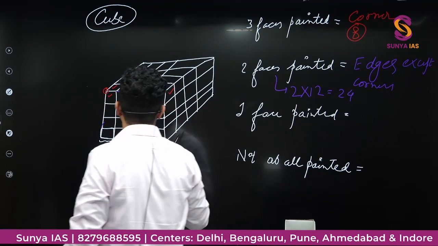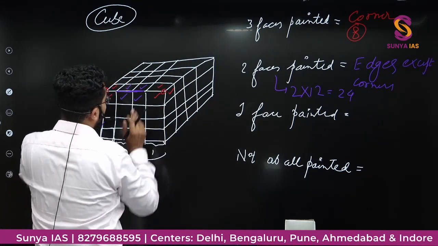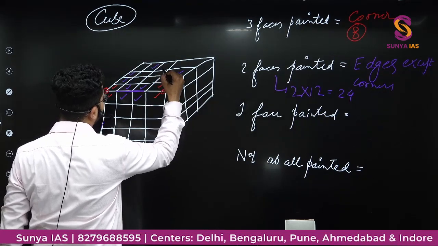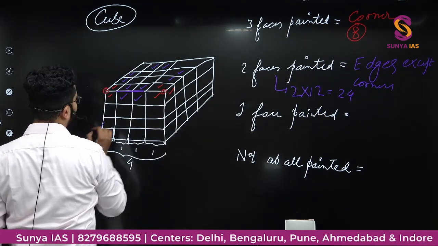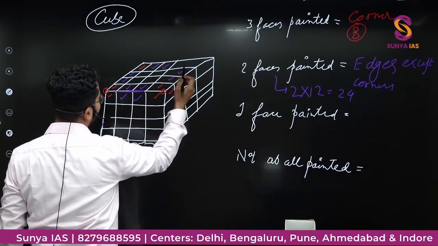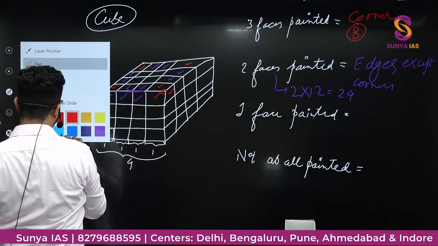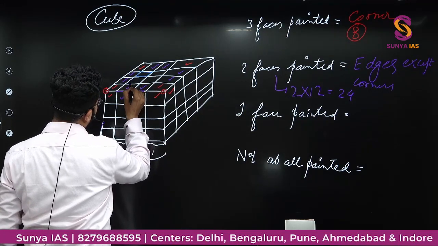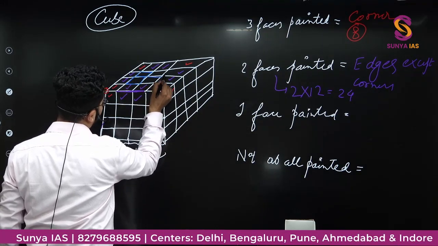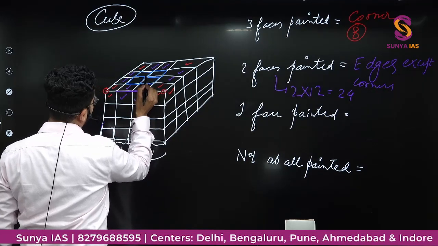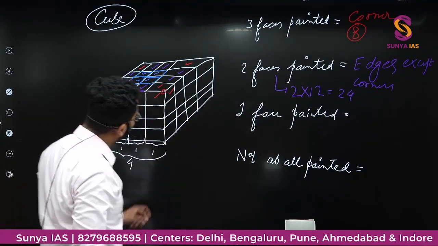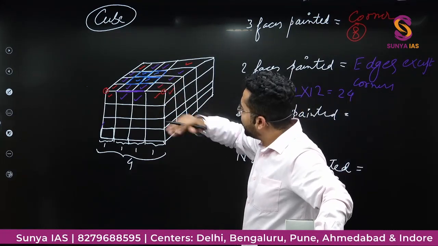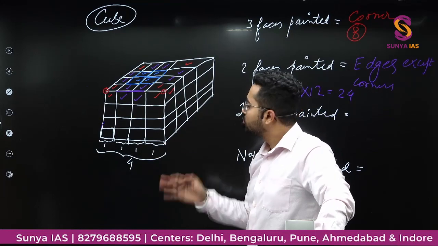Now you see, if we look at this upper portion, these would be edge cubes, these would be edge cubes, and these will be corner cubes. So these are the cubes, this cube, this cube, this cube, and this cube. These 4 cubes will be those whose only one face is painted, because on this upper top position there is only one face, the rest are inside.